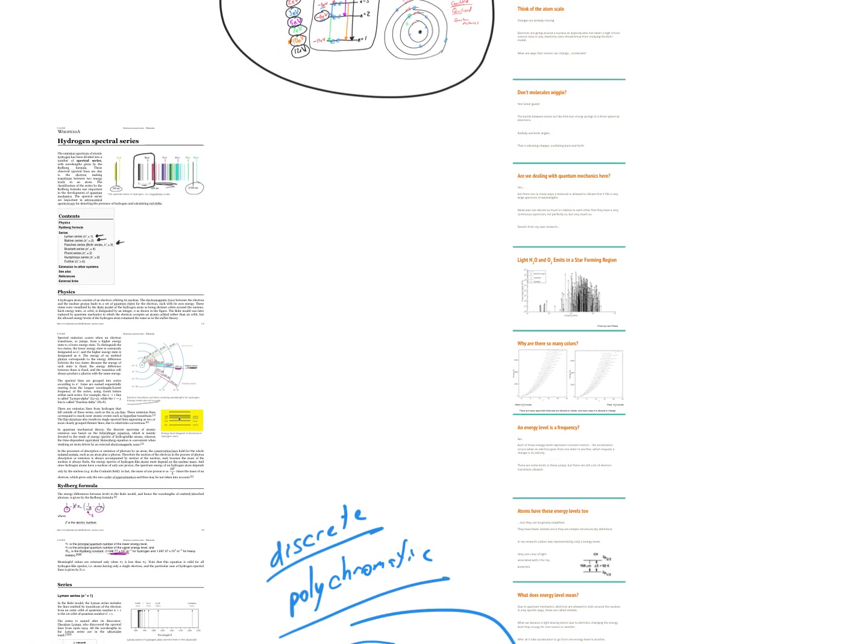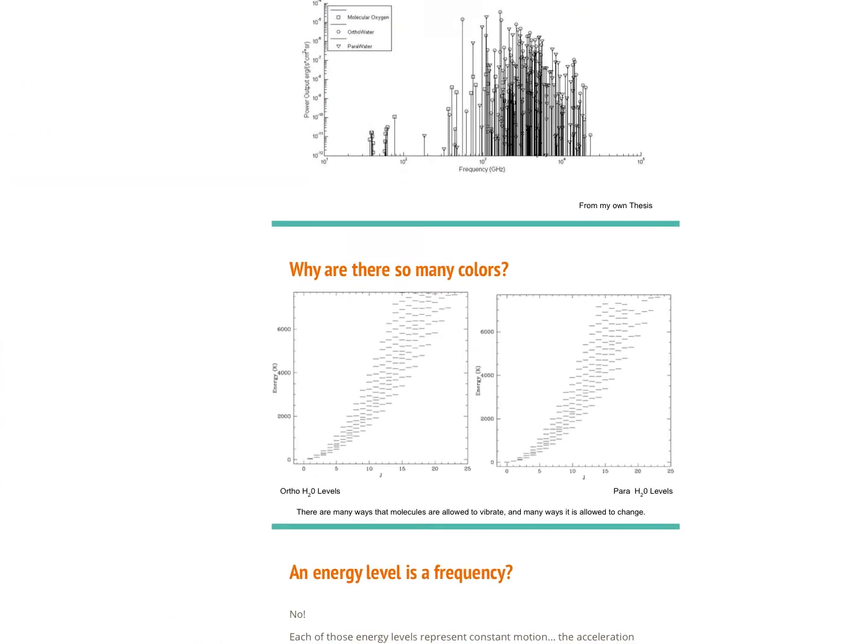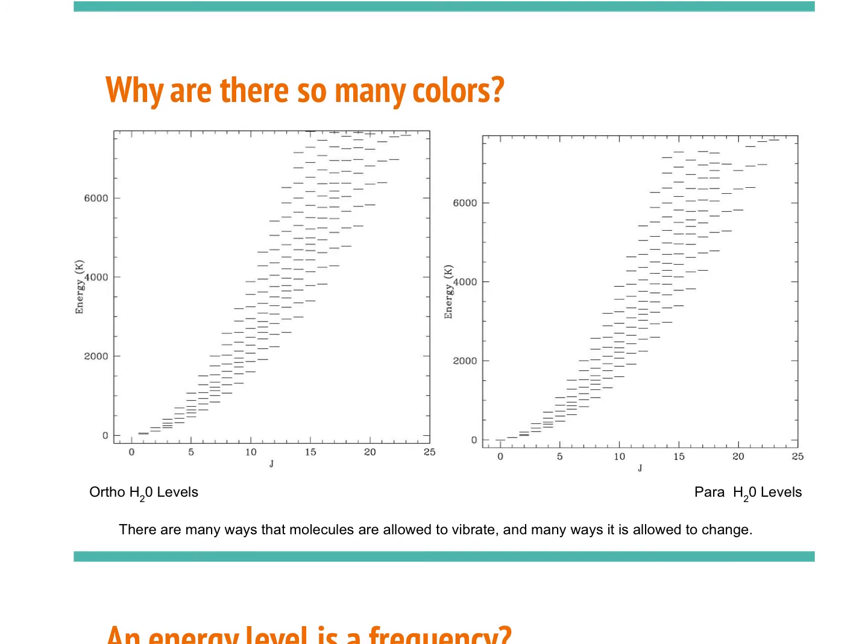When I was doing my research for my master's, I was looking at para water and ortho water. What makes them different is the magnetic properties of the two hydrogens, whether they have a spin that is parallel or orthogonal.